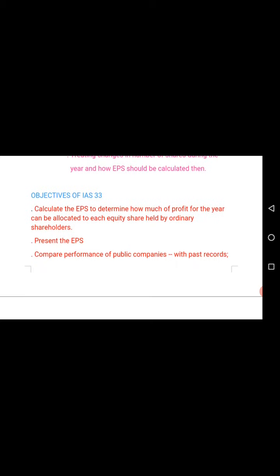Then finally, the objective is to compare performance of public companies, and comparing performance has 2 areas, 2 ways you could compare financial performance of companies. The first way is with past records, with previous records.